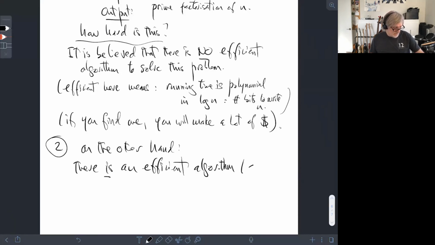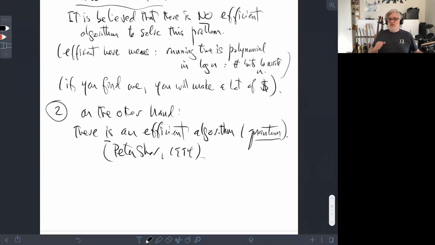It's a quantum algorithm. This is a fantastic result by Peter Shor. If you can build a universal quantum computer, which does not exist yet and might not ever exist, that's another story. So there is an algorithm to factor efficiently on a quantum computer.